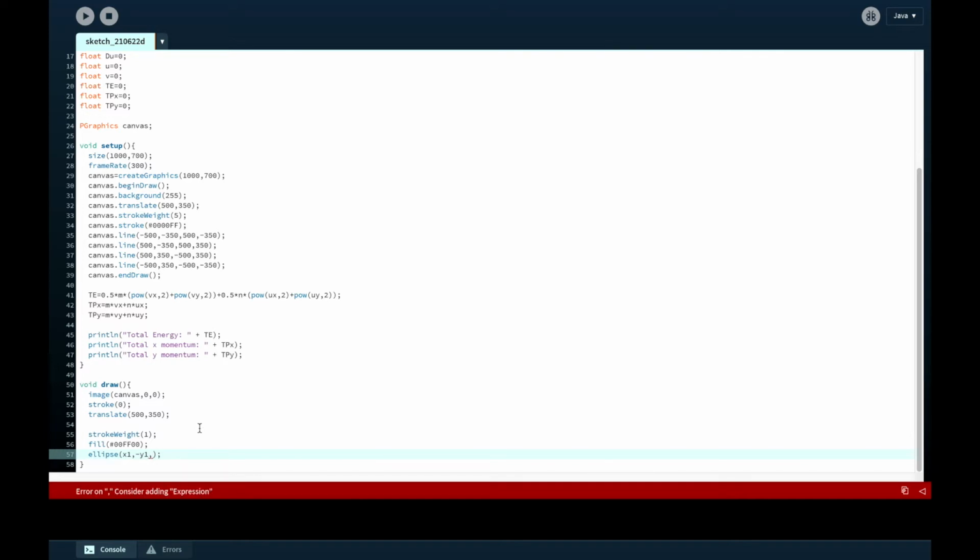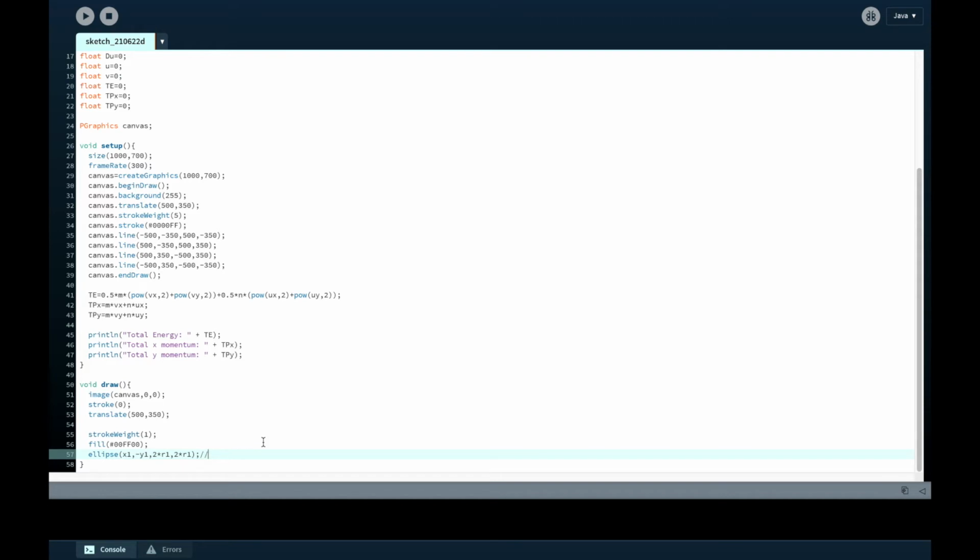Then I'm going to have to set the diameters of the ellipse in both directions. Because this is my first object, it's 2 times r1 because it's the diameter. Also the same because I'm making a circle that has equal diameter on both sides. We have 2 times r1 and 2 times r1.